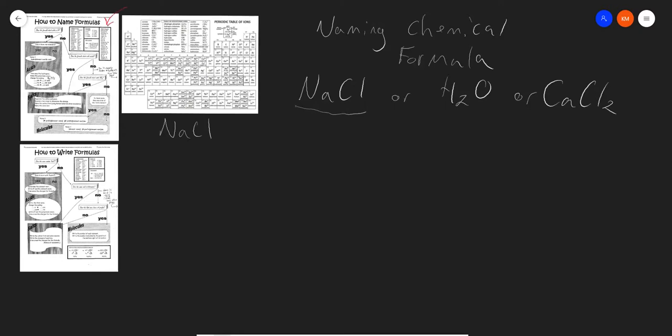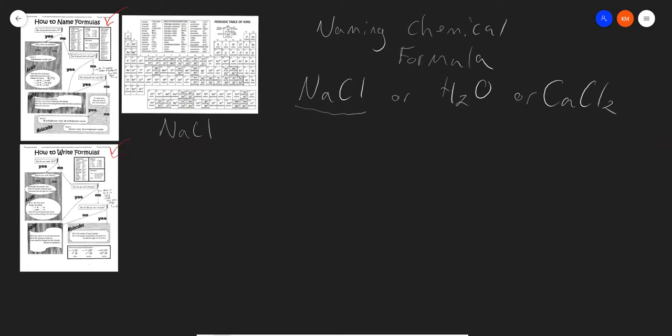This is the flow chart that I gave you, and it has how to name formulas, and on the other side, how to write formulas. With this, in combination with a periodic table, you can go through and name different chemical compounds. There are a lot of rules to naming a chemical.